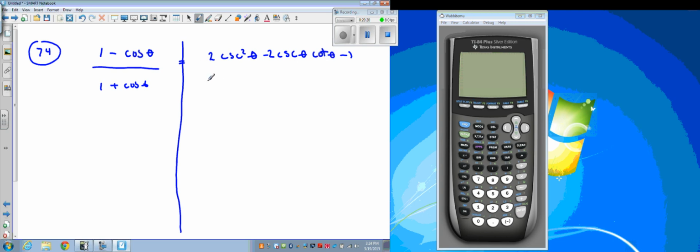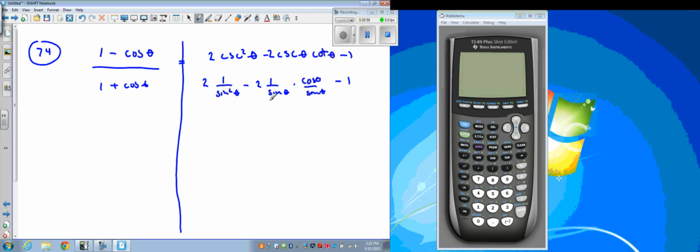But maybe what we're going to do is this. Cosecant is what? 1 over sine? So 1 over sine squared theta minus 2, 1 over sine theta times, and this is cosine over sine, right? Cosine over sine, and then it's minus 1.